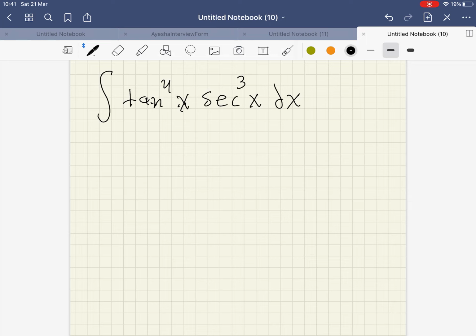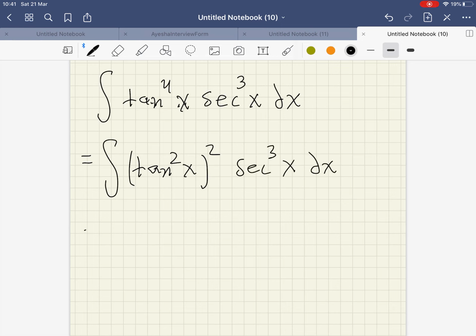The idea should be the same as what we just did. We take tan to the power 4 and write it as tan squared x squared, times secant cubed x dx. Now tan squared is secant squared x minus 1.